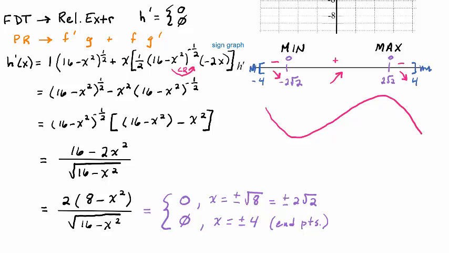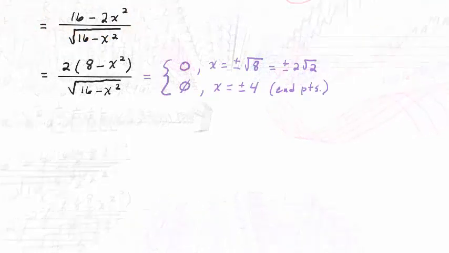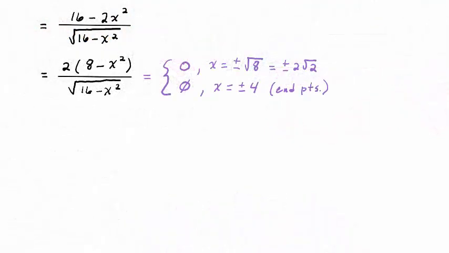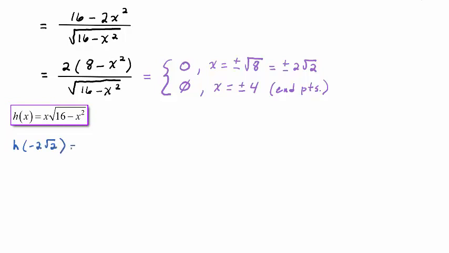So now let's go ahead and find the coordinates of our relative minimum and relative maximum. Now to find the coordinates, we need to plug into h of x. So h of -2 radical 2 is going to equal -2 rad 2 times the square root of 16 minus -2 rad 2 squared.